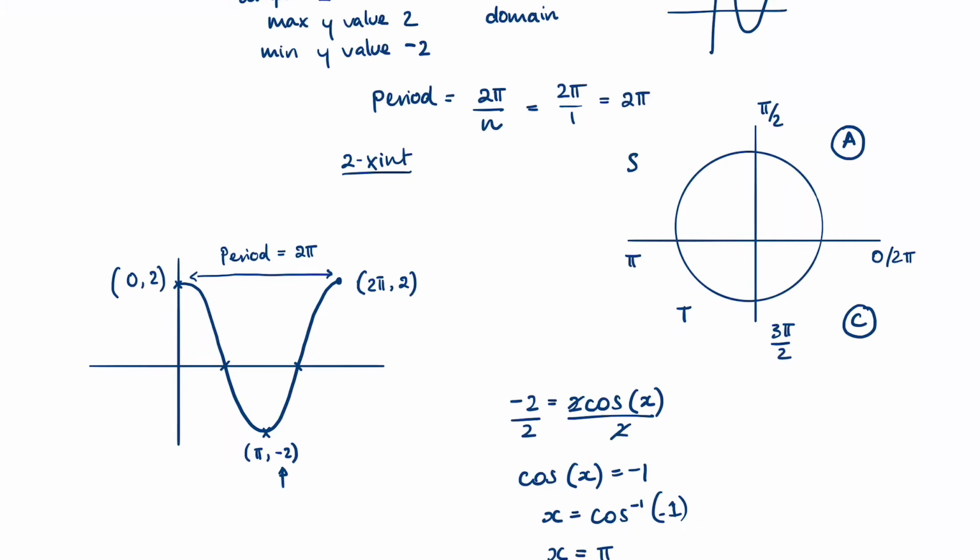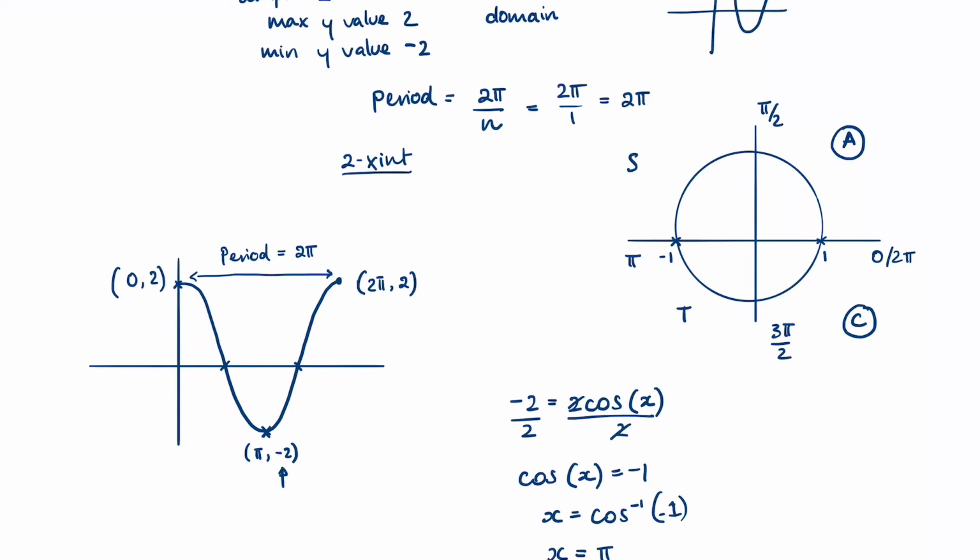If we think about the unit circle and why that is, we know that x is negative 1 where it's pi. Therefore, when the inverse of cos is negative 1, x is equal to pi. That's how we get our x minimum value to be pi.